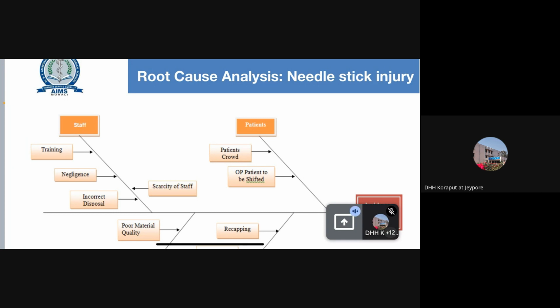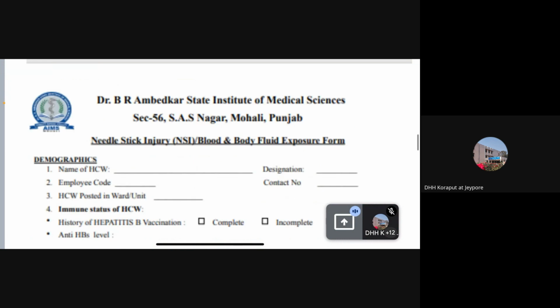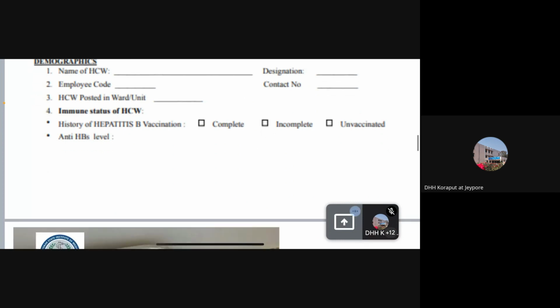So we try to make a root cause analysis, and finally this information is shared. So this is surveillance. You collect the data, you make an analysis, you try to find out the root cause behind it, and finally submit your feedback report for the action to be taken, so that in future we can reduce the incidents.